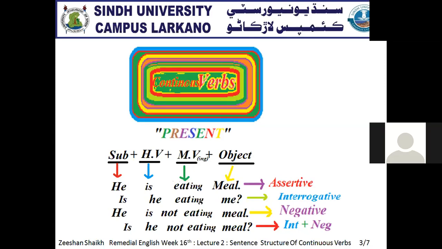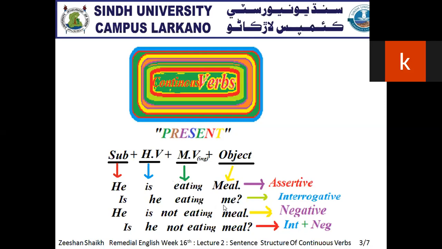After this, definitely eating. Then again, I have made the same mistake: actually it is meal, but I have written the wrong word here, me. So this becomes the interrogative sentence.